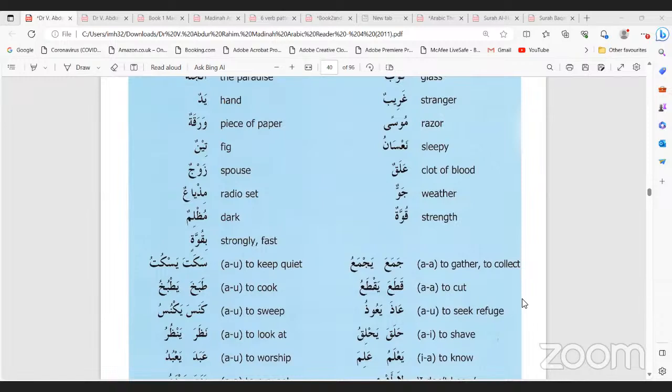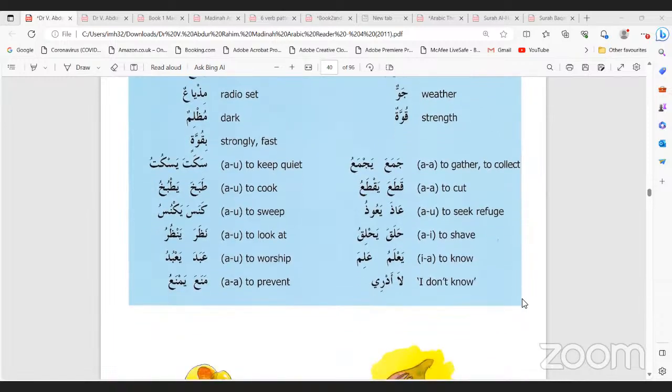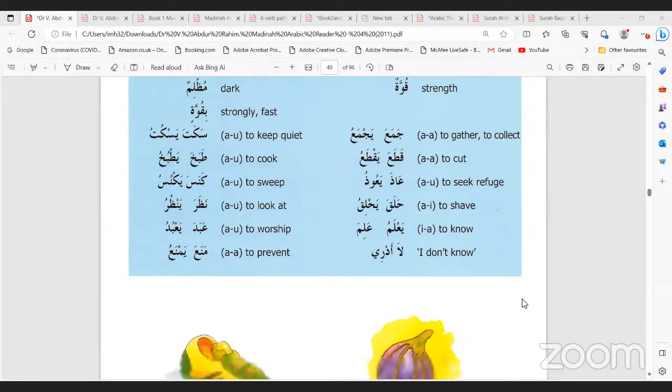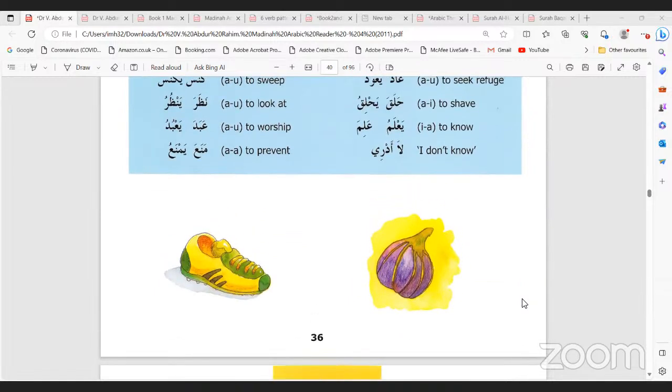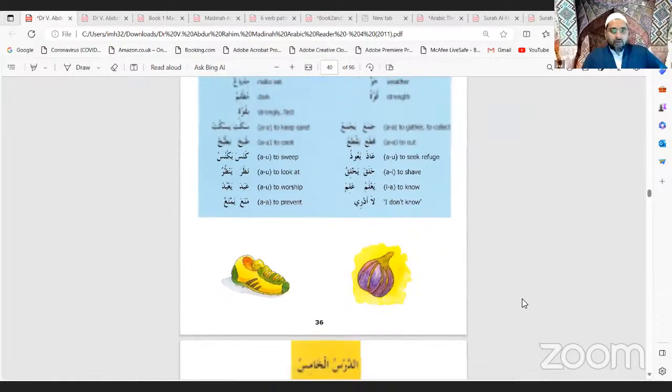Quwwatun, strength. Jama'a yajma'u, to collect. Qata'a yaqta'u, to cut. Adha ya'udhu, to seek refuge. Halaka yahliku, to shave. Alima ya'lamu, to know. La adri, I don't know. Brilliant. Thank you.